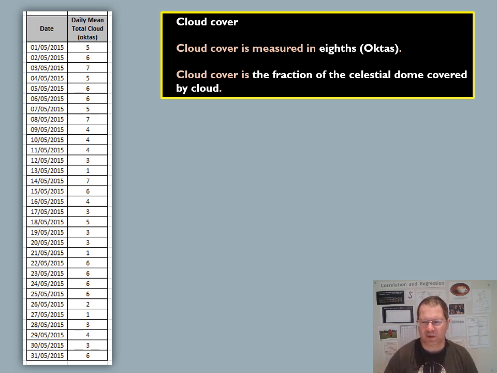So there are 9 possibilities, 0 to 8. 0 cloud cover basically means that there is no cloud cover at all, whereas 8 would mean that it was completely cloudy and nothing else would be able to get through. And as you can see from the column, on the 1st of May, the daily mean total cloud cover was 5, which corresponds to 5/8 of the celestial dome covered by cloud, and so on. But as I say, the most important thing probably about this set of data is that it is discrete.